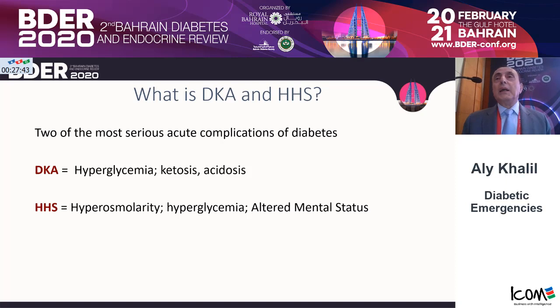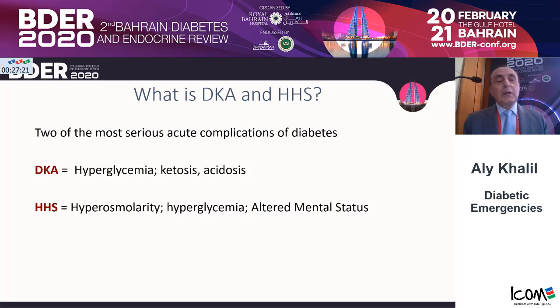And when we talk about diabetic ketoacidosis, we have diabetes, so we have hyperglycemia. Ketoacidosis: we have high ketones in the blood and the urine, and acidosis. So those three elements have to be kept together to call it diabetic ketoacidosis.